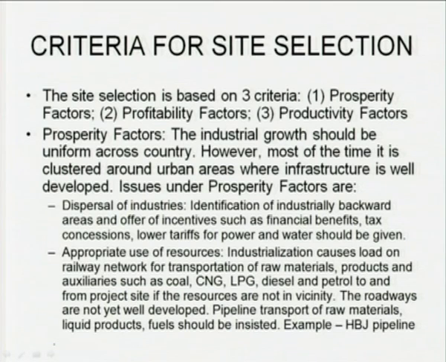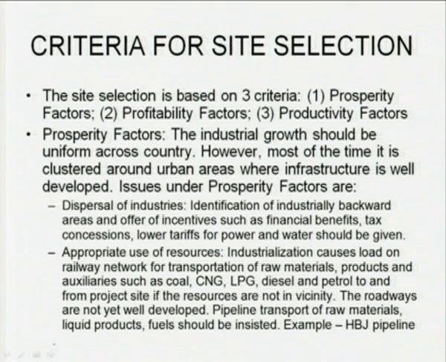Now, let us see these factors one by one. Prosperity factor. The industrial growth should be uniform across the country. As I just mentioned, clustering of projects near the metros has caused tremendous load burden on the civic amenities, also the problem of pollution, heavy traffic, and so on. So, the dispersal of industries is very important.